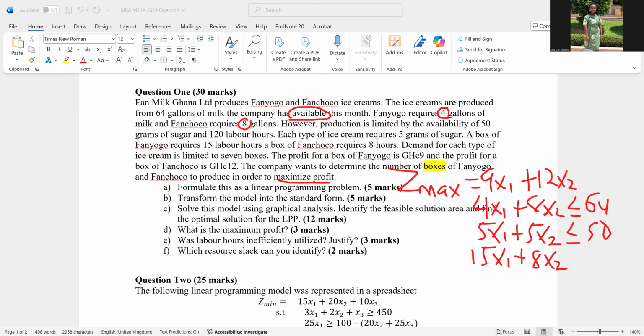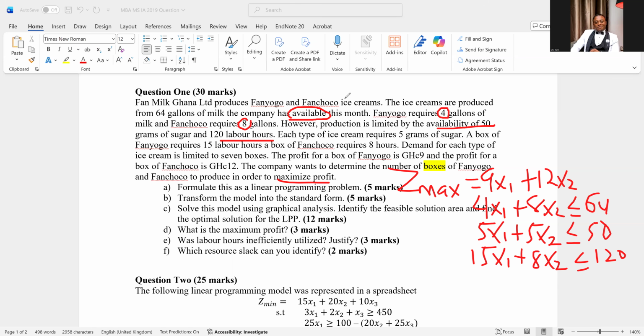Because we can only use up to 120 labor hours and not further. So that was in the question, combined with the sugar availability of 50 and 120 hours. So your eye has looked at the 120, but your brain is looking at the entire picture.